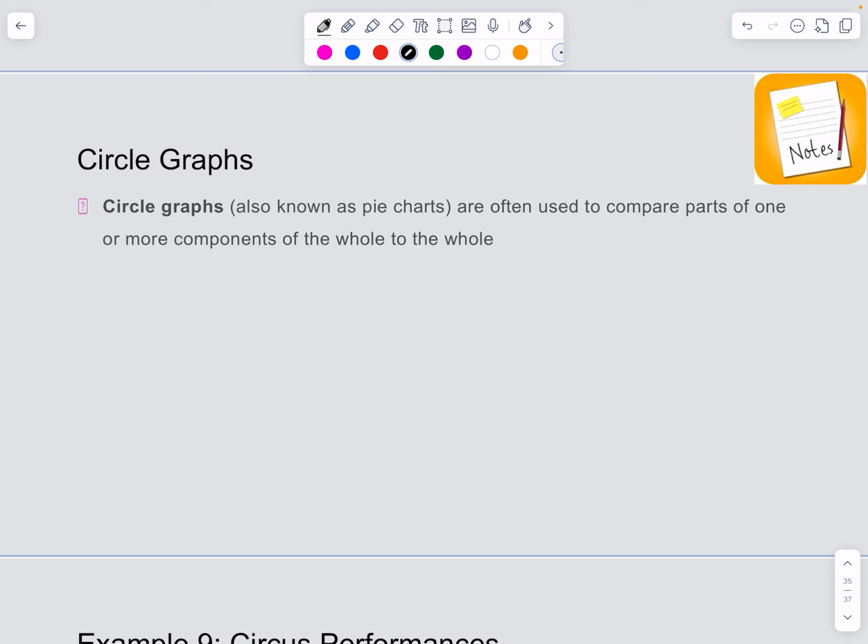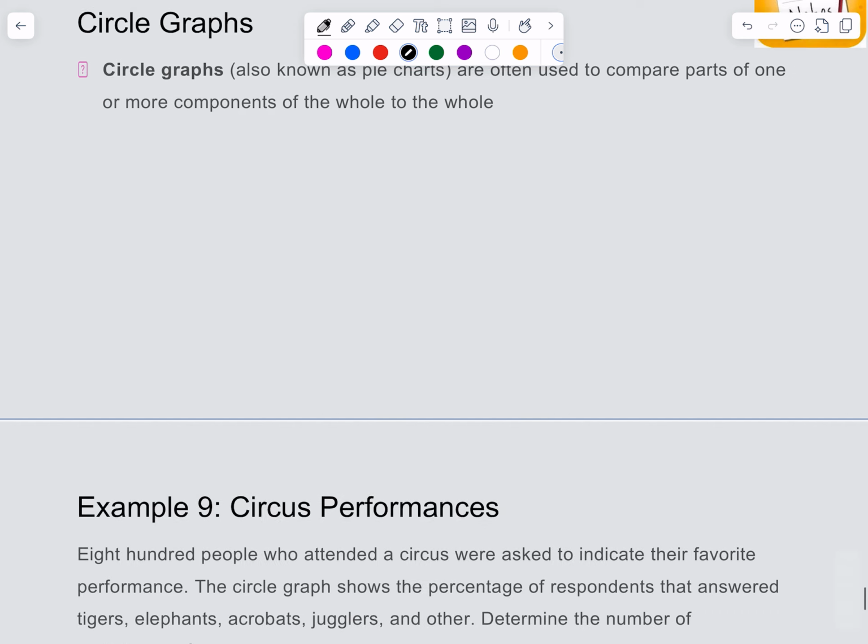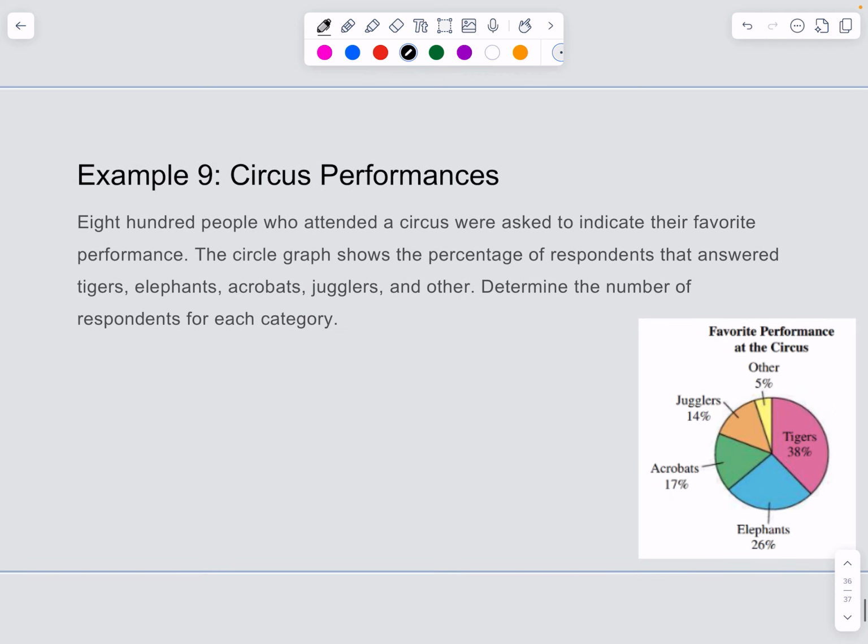And last, we have circle graphs. You may have already learned about them as pie charts. They compare parts of one or more components to the whole. Here we have the data of 800 people who attended a circus and were asked their favorite performance.